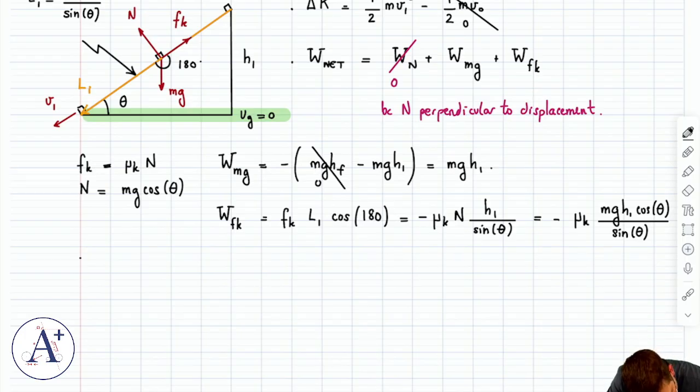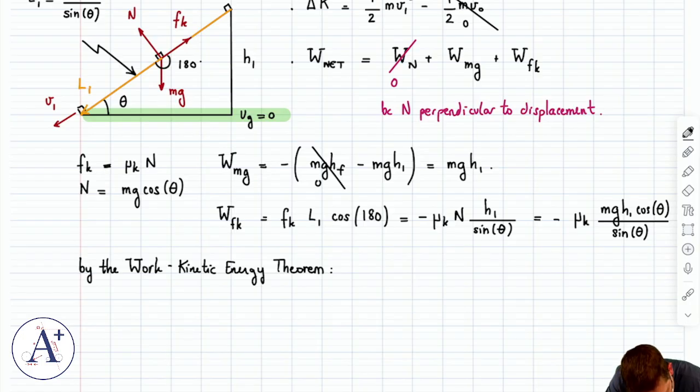So now, by the Work-Kinetic Energy Theorem, I have the following.